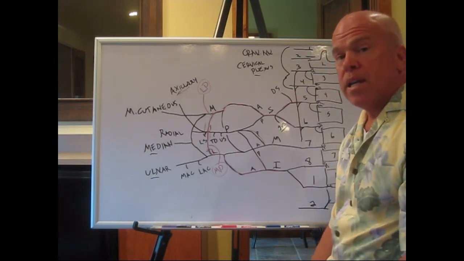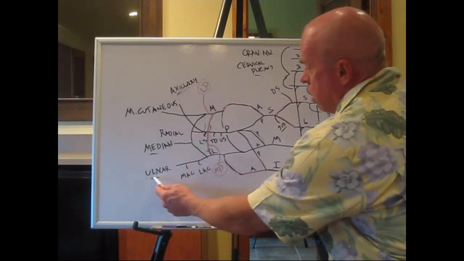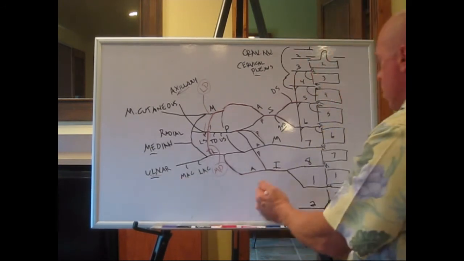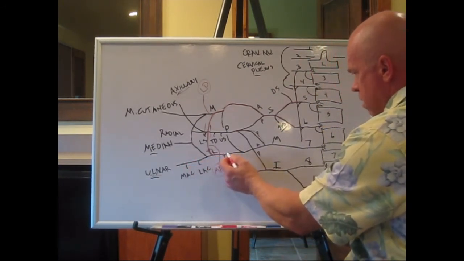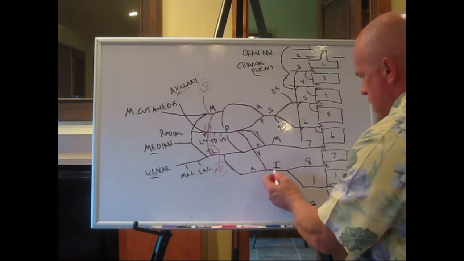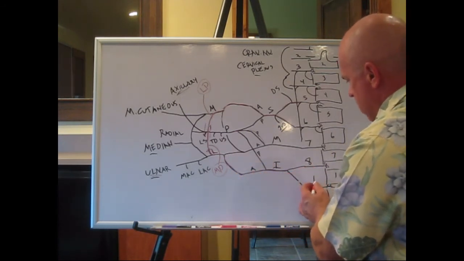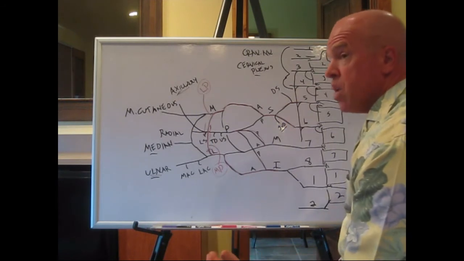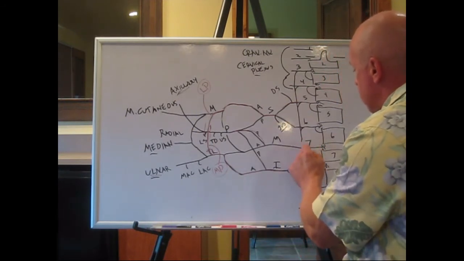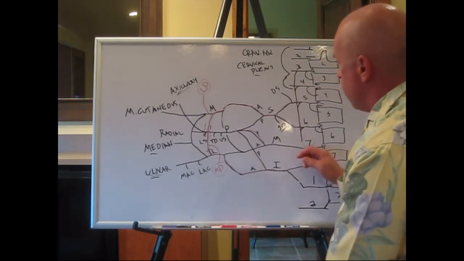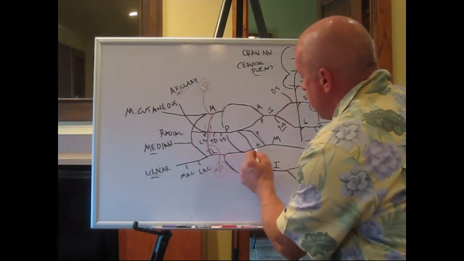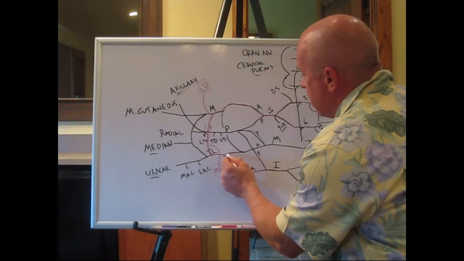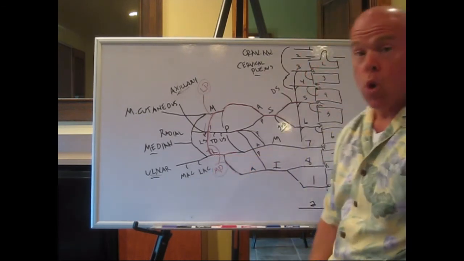Probably the main exception to this would be the ulnar nerve, which receives contribution only from C8 and T1. But some textbooks will tell you that indeed there's also contribution from C7, as can be seen by the contribution of C7 here to the lateral cord.